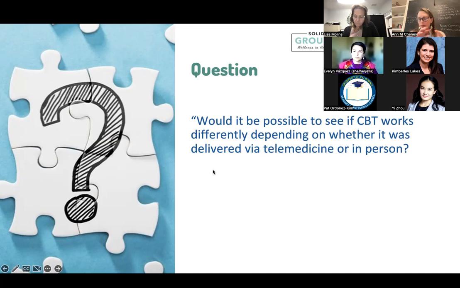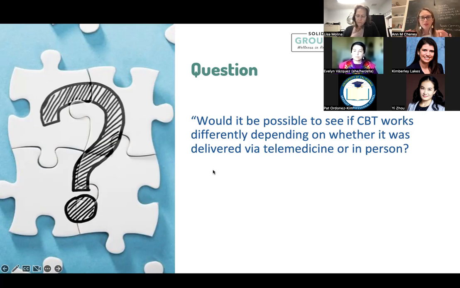PTSD measures basically people's responses to traumatic events, right? It could be a traumatic event that happened a long time ago or more recent, but it measures how people have responded to having been exposed to traumatic experiences and events. So we would want to definitely use a screening tool that allows us to understand where people are at baseline and where they are at the end of the intervention, right?